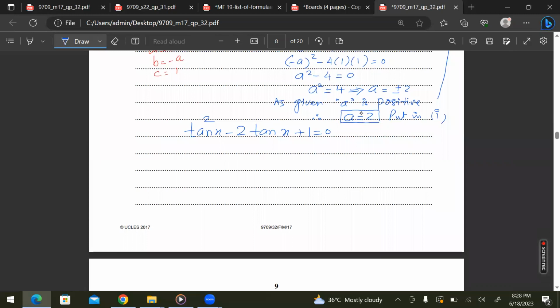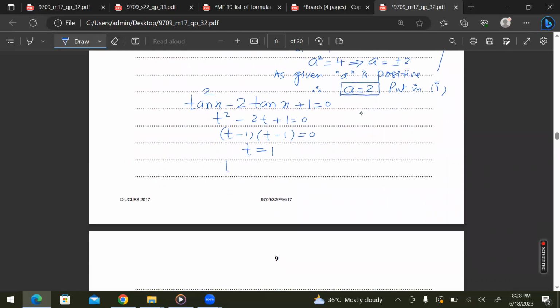You can solve this for tan of x, or for convenience write it as t square minus 2t plus 1 equals 0, which is t minus 1 whole square. So the value of t is equal to 1, and t is tan of x, so tan of x equals 1.